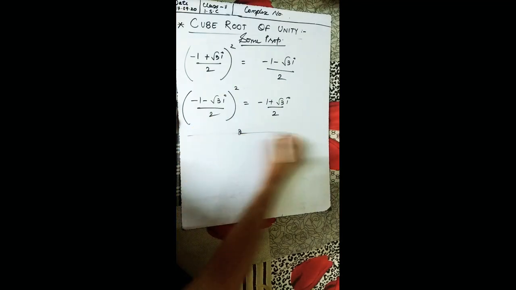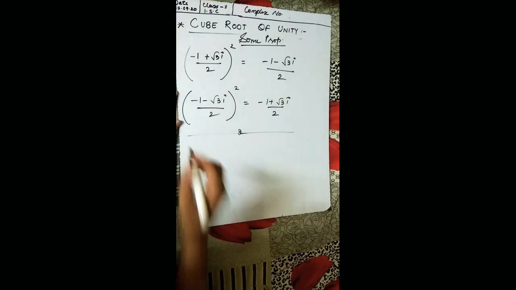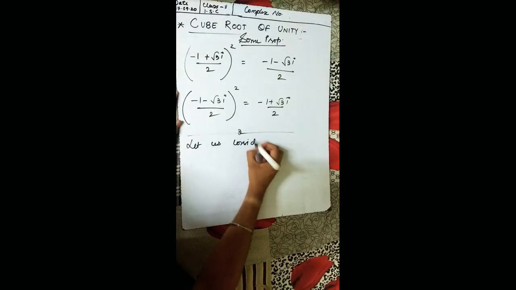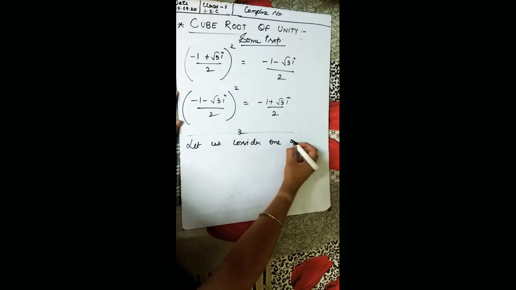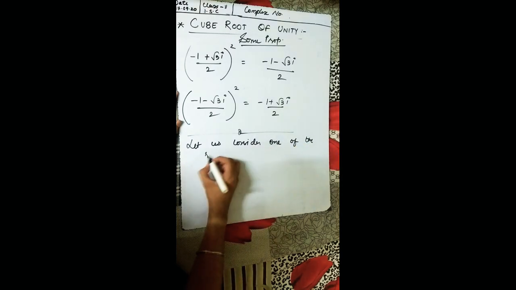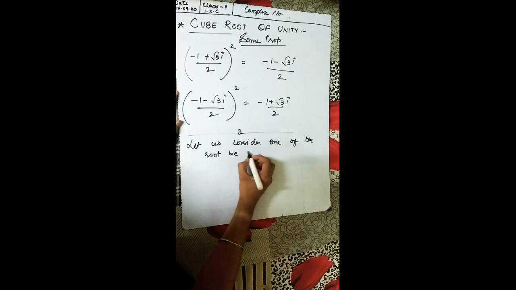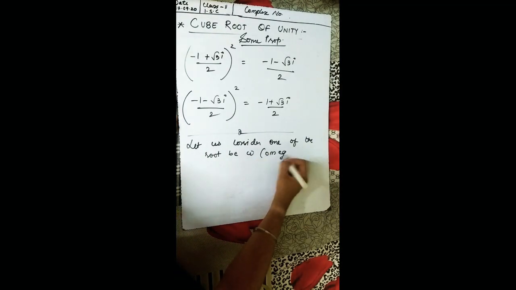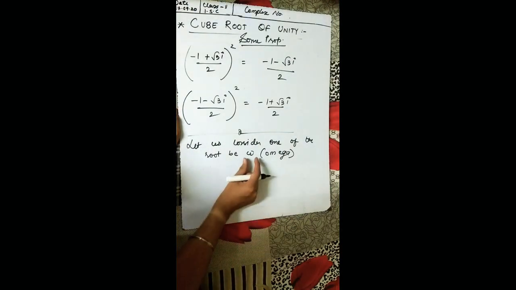So from here, what we can understand: let us consider one of the roots to be omega. This is read as omega. So we will use one of the roots as omega.